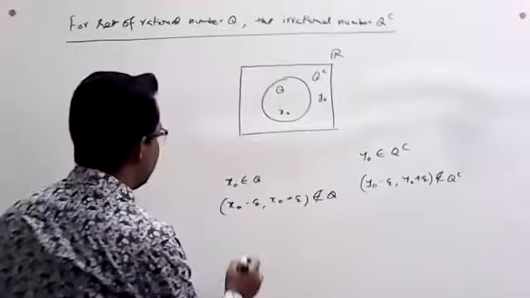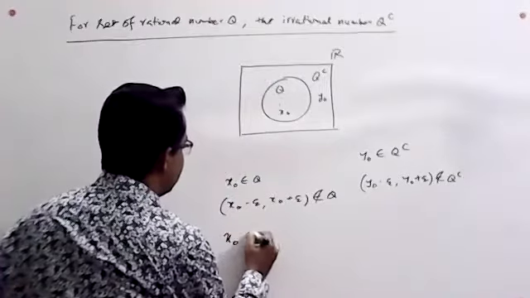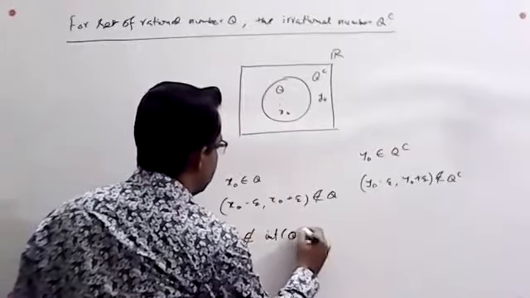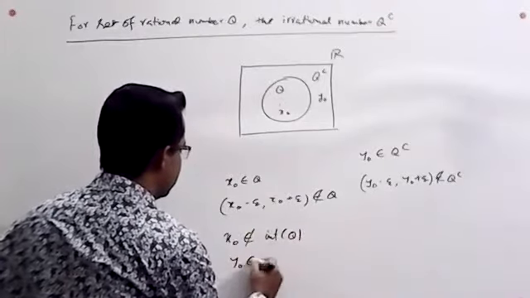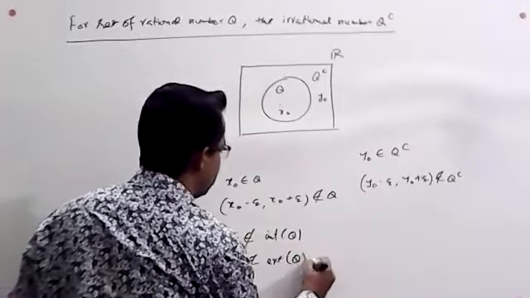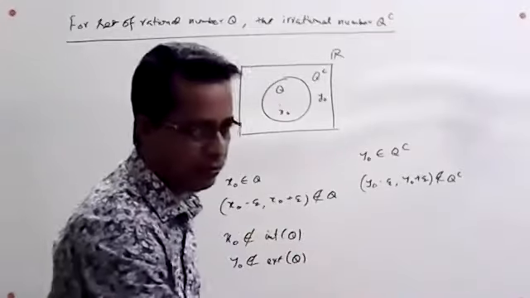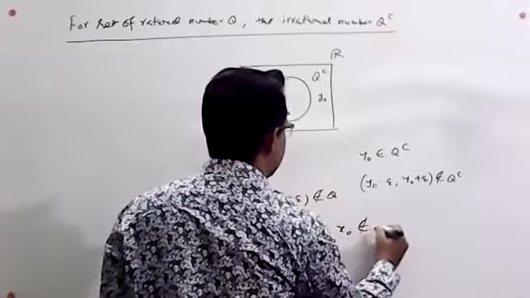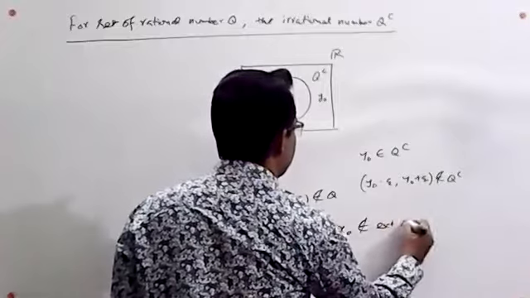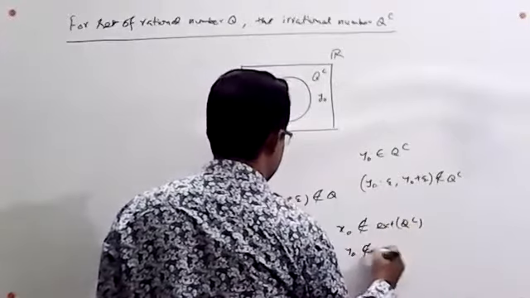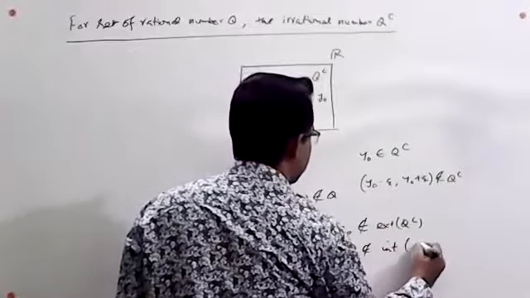That is, x0 does not belong to interior of Q. Also, y0 does not belong to exterior of Q, as well as x0 does not belong to exterior of Q complement, and y0 does not belong to interior of Q complement.